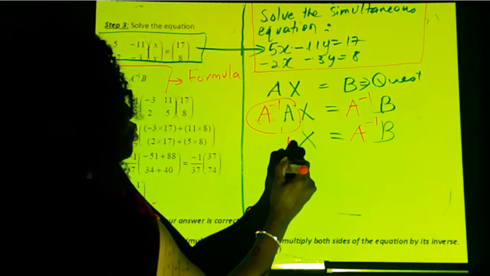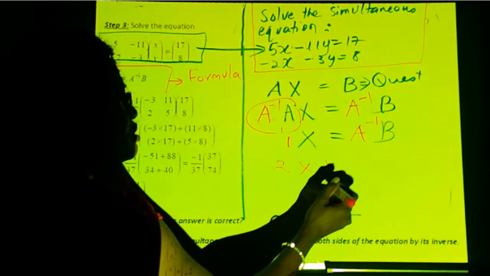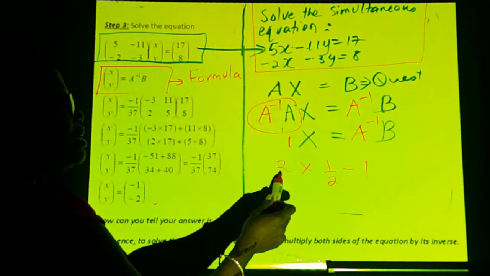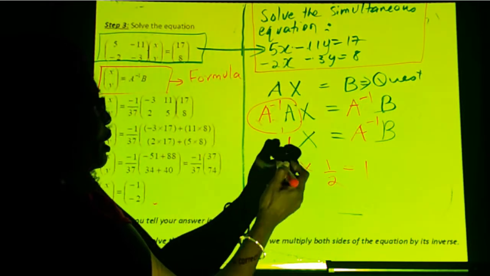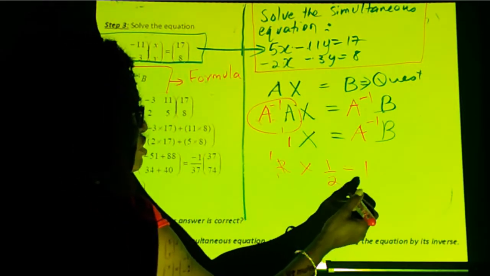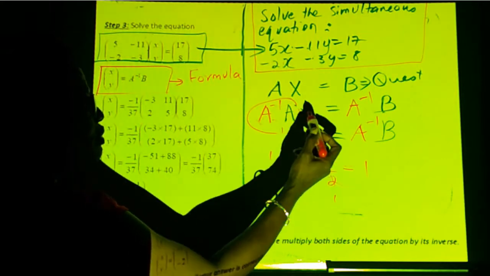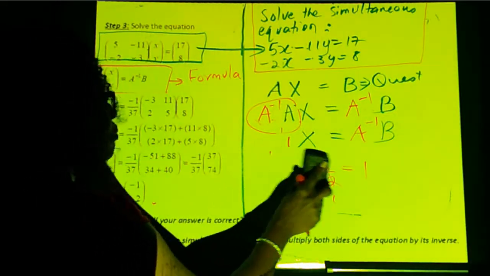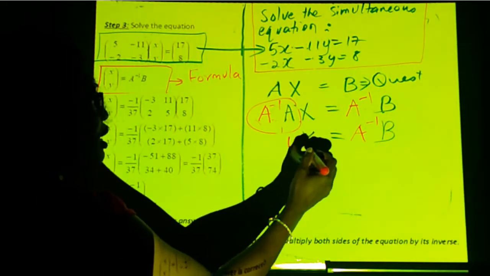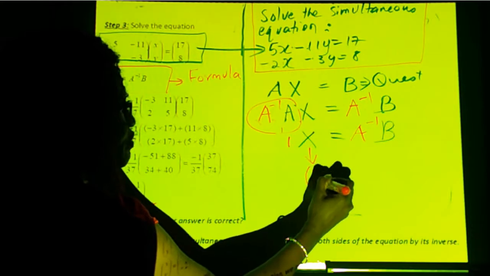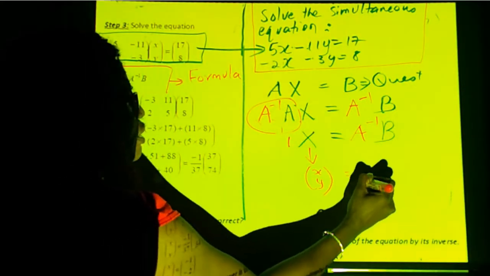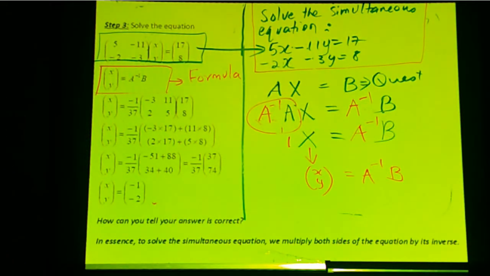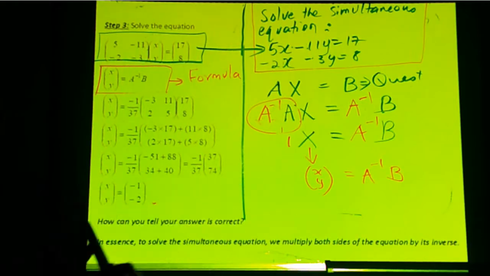Just like how you know 2 times a half is equal to 1. The multiplicative inverse of 2 is a half. Okay? So a number times its inverse is going to give you 1. This times its inverse is going to give you 1. And remember that we wrote Ax equals b. This really stands for xy equals A to the minus 1 times b. So that's a breakdown of how we arrive at the formula.